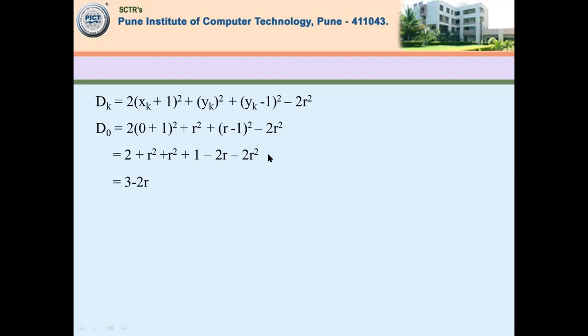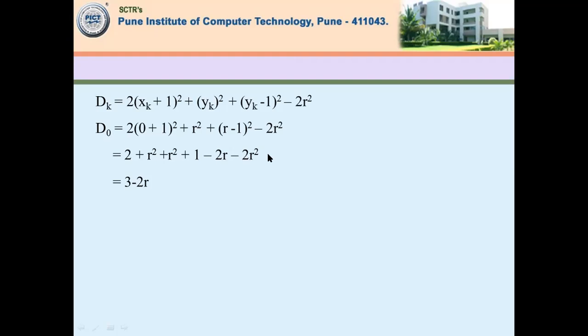Sometimes the mathematics is asked in the exam, how you derive the decision parameters. So these are the basic formulas which you are going to use, and based on that we calculated the values, nothing complicated over here.